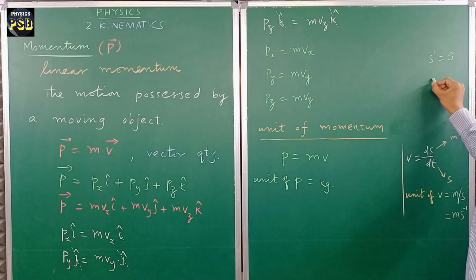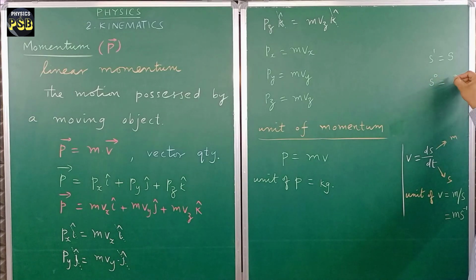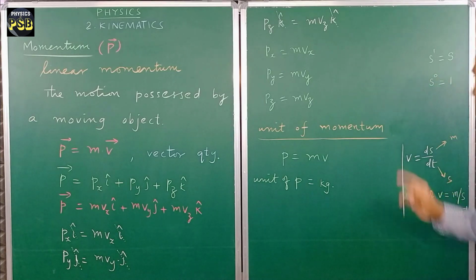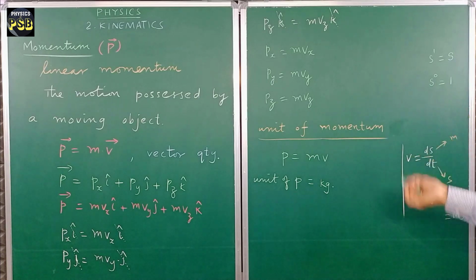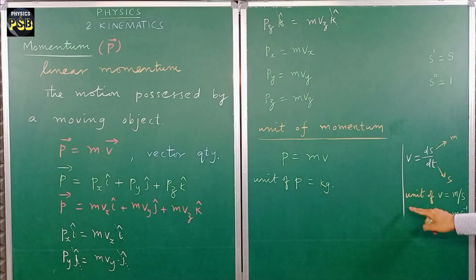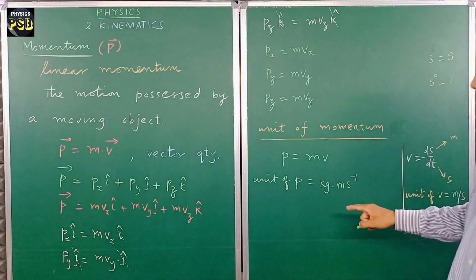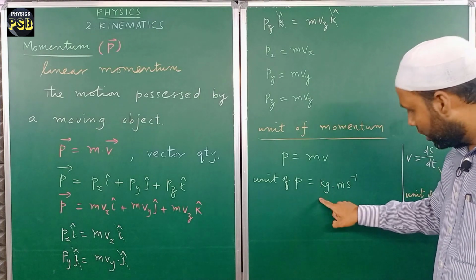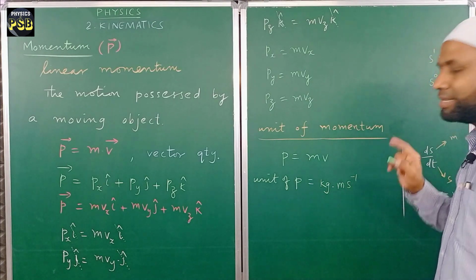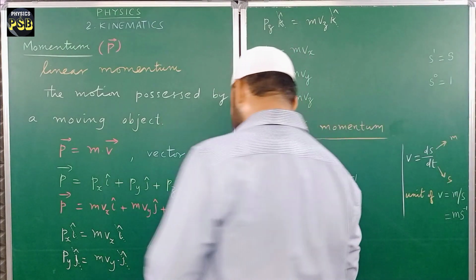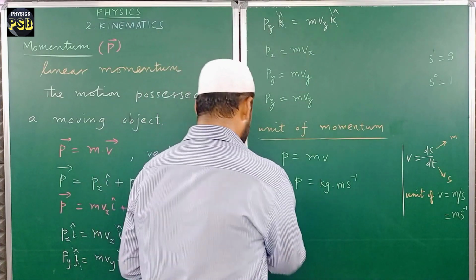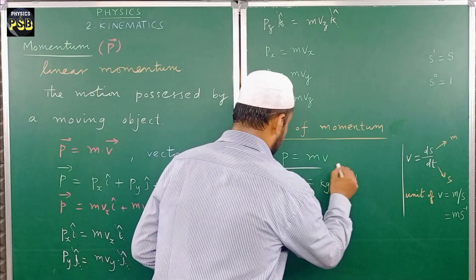If you have a term with the power 0, it means its value is equal to 1. This you might have studied in lower classes. Anyhow, the unit of velocity is meter per second, so the unit of momentum is kilogram meter per second. Understand? This is the SI unit of momentum.